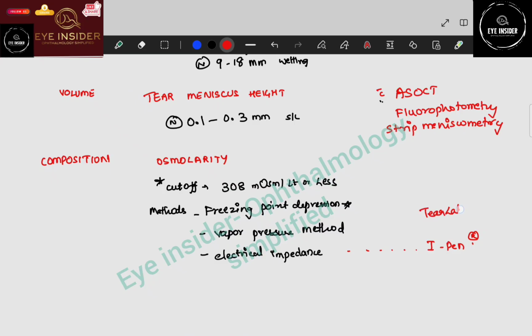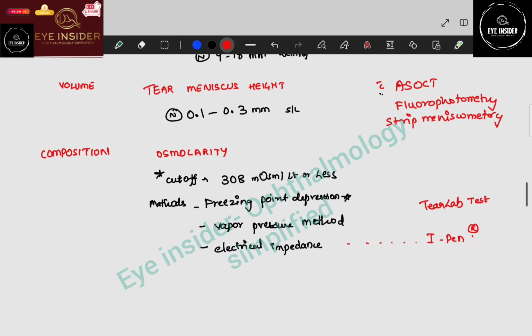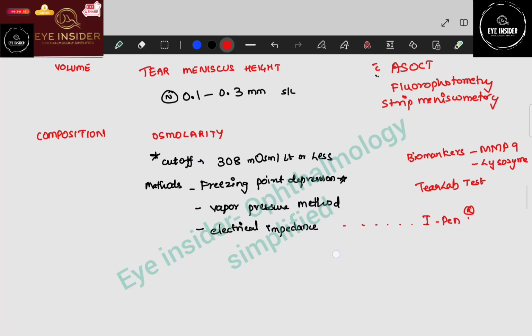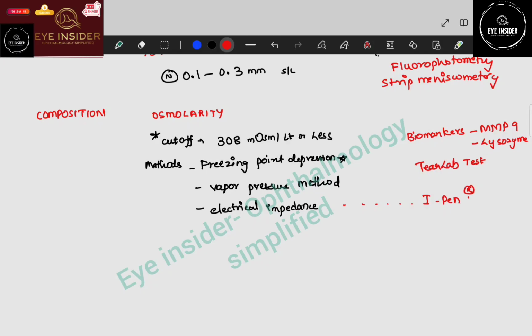This is the recent advance, and there is also the TearLab test which also measures the osmolarity. Then another thing in the composition is the biomarkers. So matrix metalloprotease 9 and lysozyme are also measured in the tear.